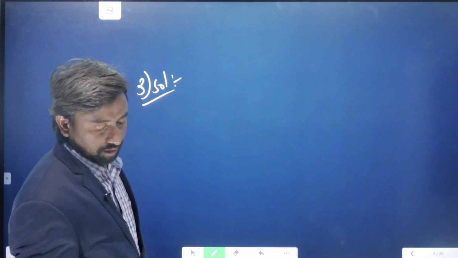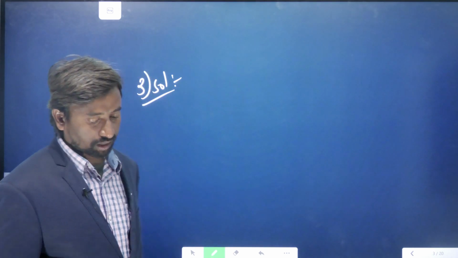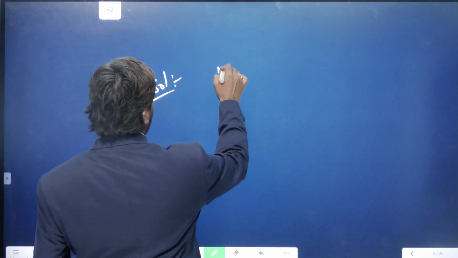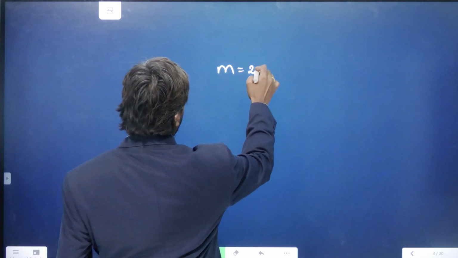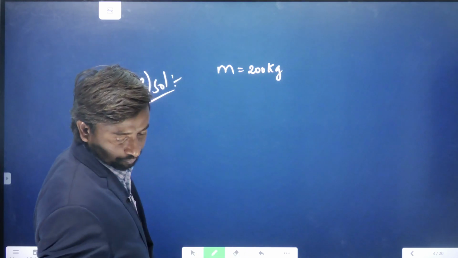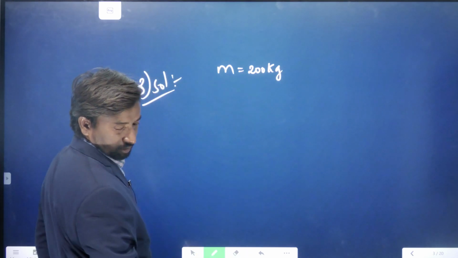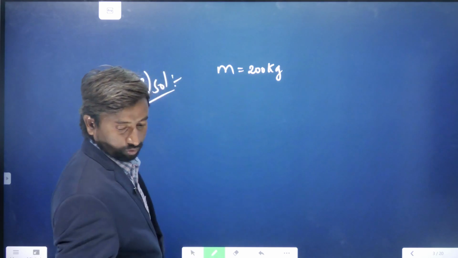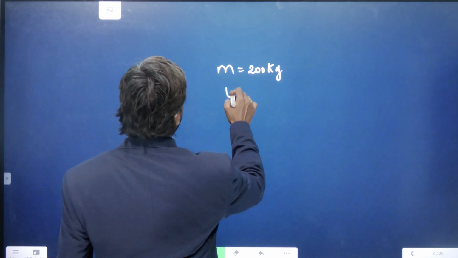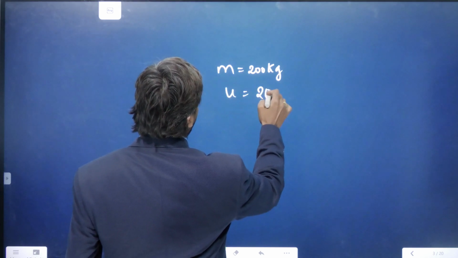Here it is given: a car of mass 200 kg is moving with a speed of 20 meter per second, which is the initial velocity.